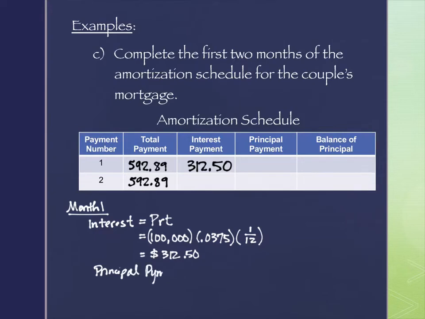I take the $592.89 and subtract the $312.50. What does that give me for my principal on month 1? $280.39. That's a little depressing.